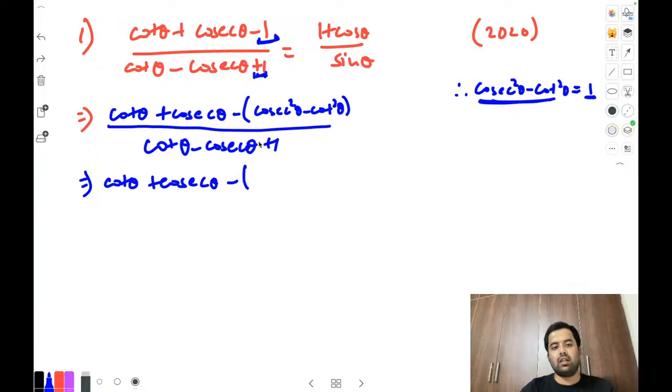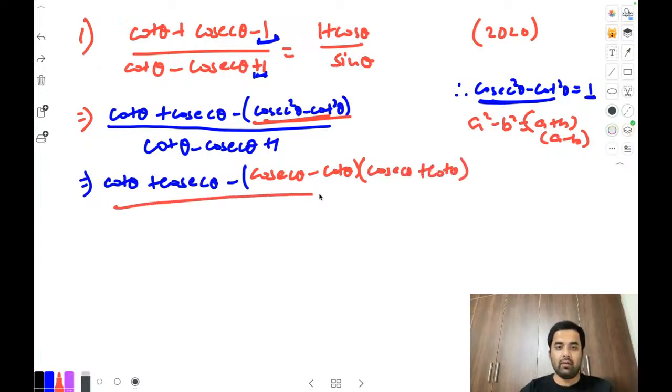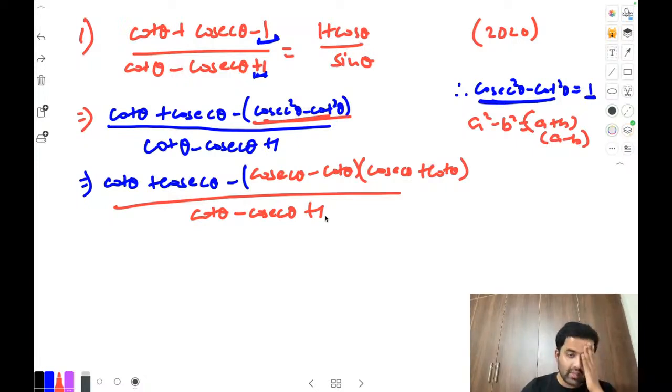Now if you see here, this part has a square minus b square pattern, which has the formula a plus b, a minus b. Now expand that: cosec theta minus cot theta, then cosec theta plus cot theta. Divide by the below part as it is, cot theta minus cosec theta plus 1. Till here it is okay. I feel you can easily memorize this.